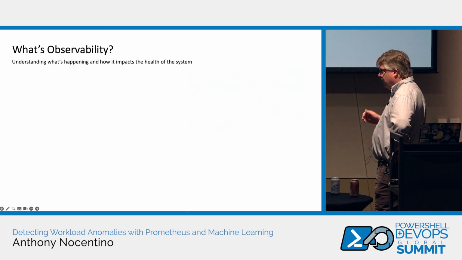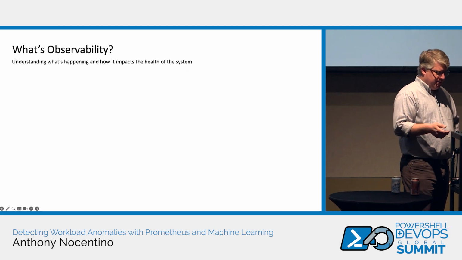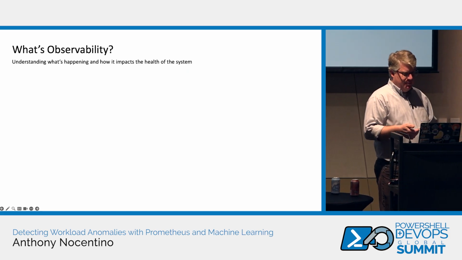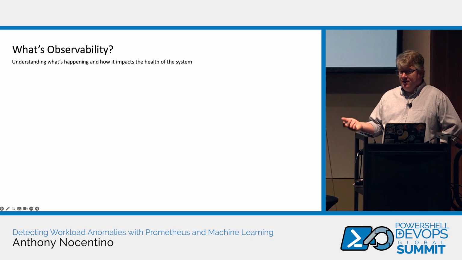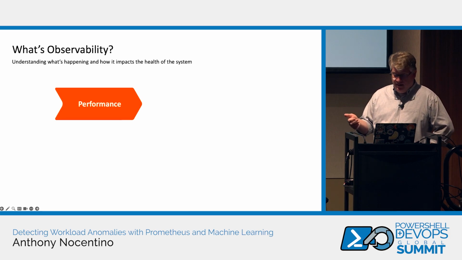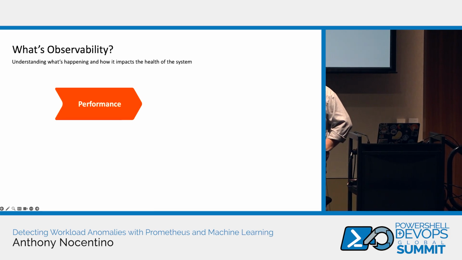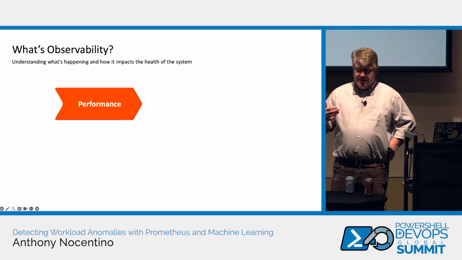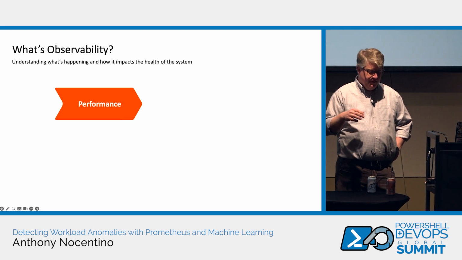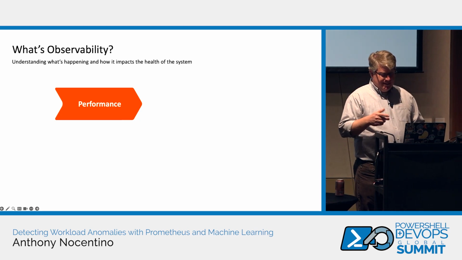So first and foremost, I want to define kind of the scope of the project in terms of like, what is observability? Like, why do I want to do these things within a platform? And I want to, again, understand the health of the system, and usually that's rooted in performance. And performance meaning, I want to know, again, what's normal, what's not normal, and quantify the system that I'm working on: CPU, disk, RAM, things like that.